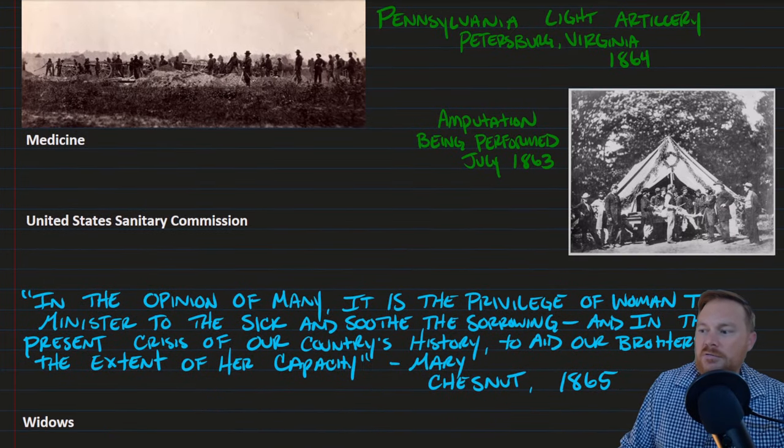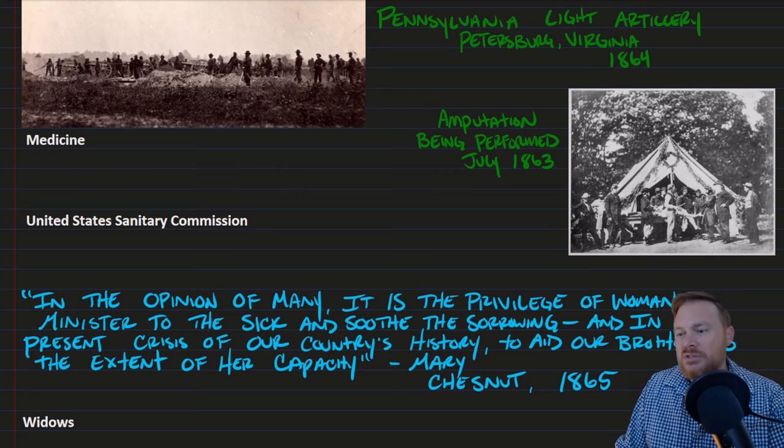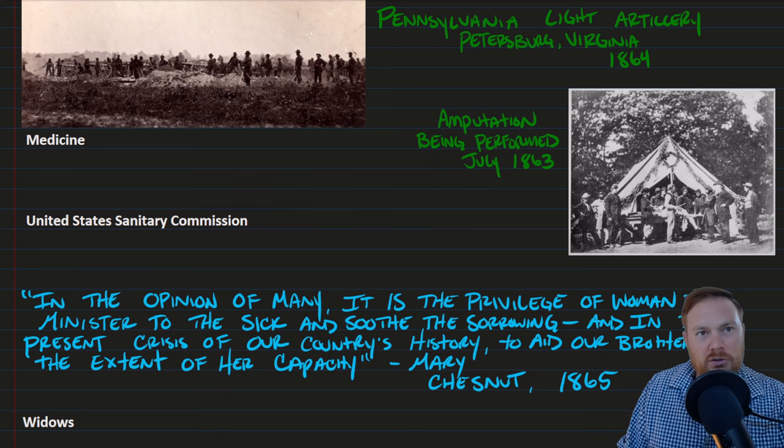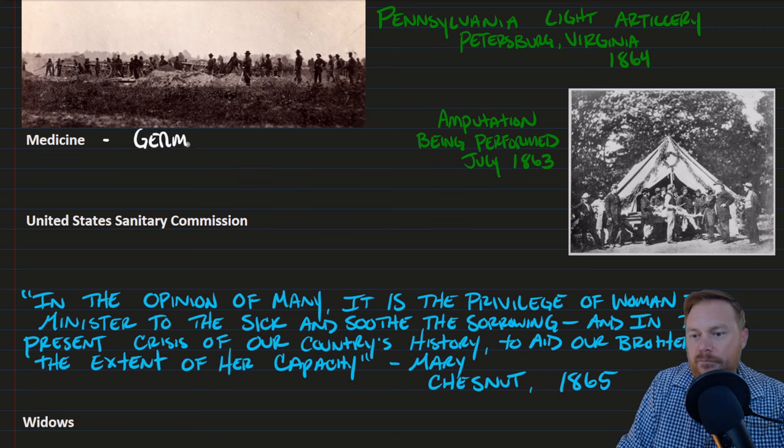Now, in terms of the casualties and fatalities of the war, many of them were due to disease. And medicine during the Civil War wasn't close to being understood in the way that we understand it today. So medicine in the Civil War, we'll just say that germs were not well known.